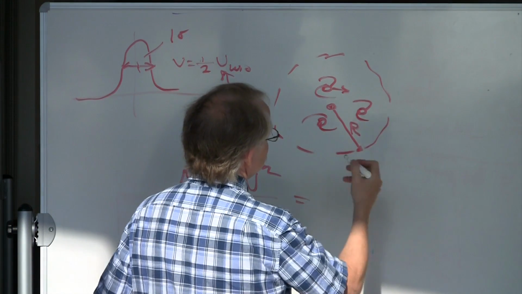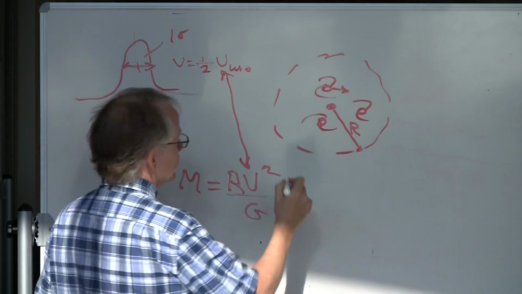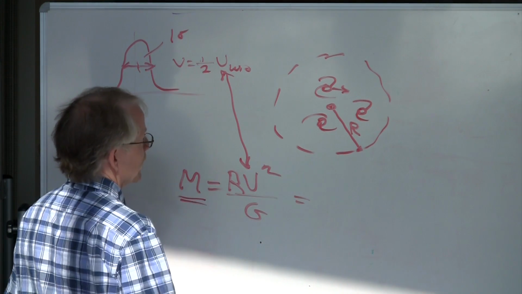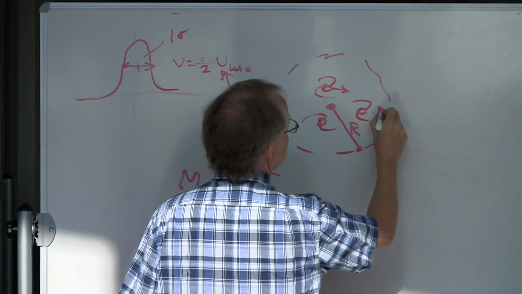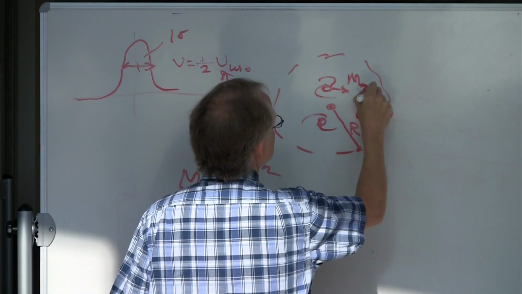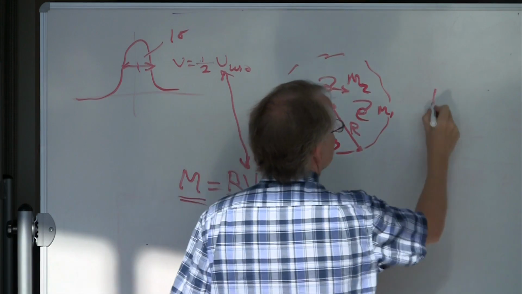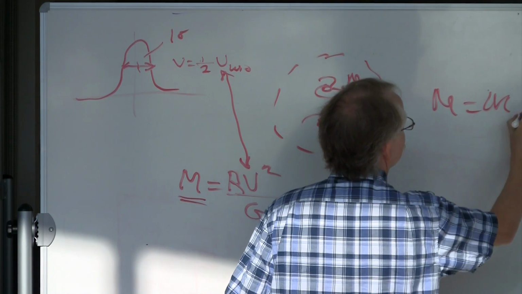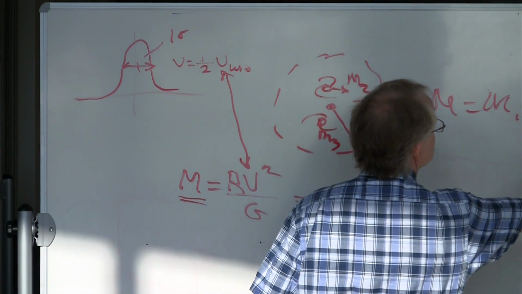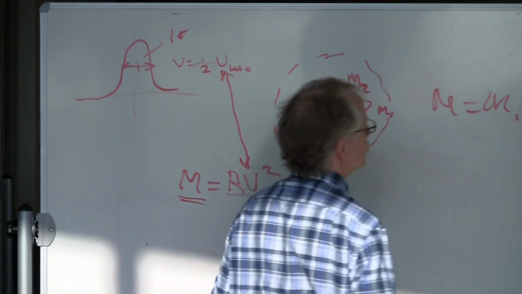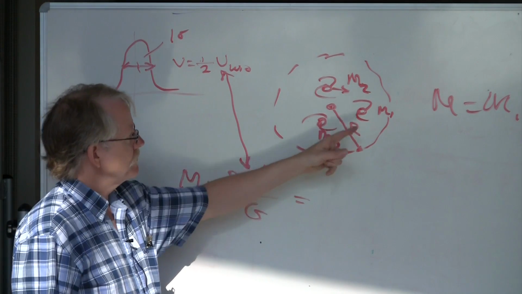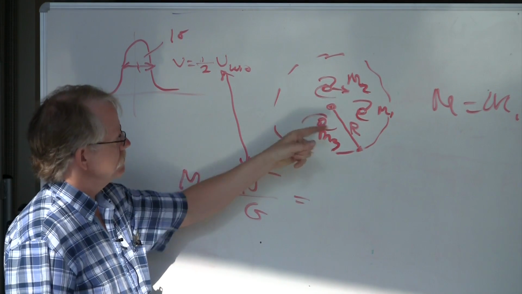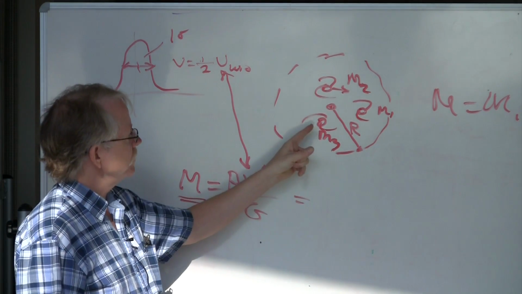Now, the common sense idea in astronomy is that this total mass of everything in here is largely represented by taking the mass M equals M1 plus M2 plus M3 of the individual galaxies that are there.